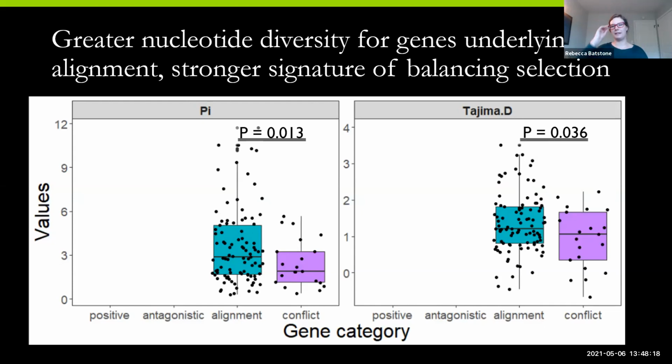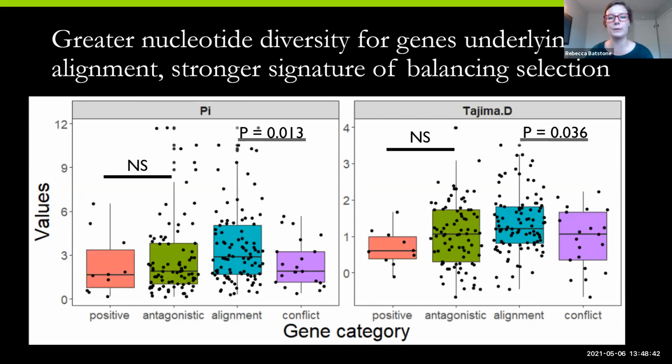So when we compared these statistics between genes underlying symbiotic pleiotropy, we found significantly higher values for genes that underlie alignment, suggesting greater nucleotide diversity as well as a stronger signature of balancing selection, although the latter could also be due to recent population contraction. So we probably need to do other types of statistics to tease those scenarios apart. But what was interesting is that we basically didn't find the same pattern when we compared genes underlying rhizobium fitness pleiotropy, because we didn't see any significant differences between those.